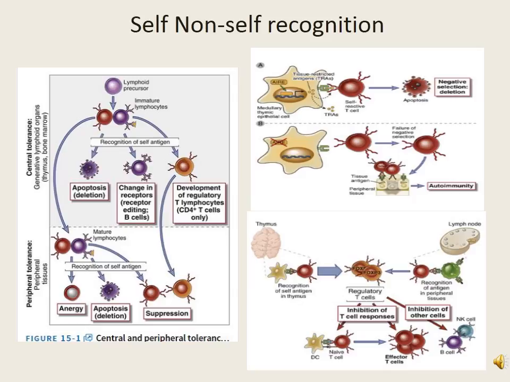Okay, the lower part of this figure shows you the development of the regulatory T cell or Treg. If there is a T cell that controls the activity against self protein during cell development in the thymus, this T cell that expresses the FOXP3 protein, we call it the natural regulatory T cell.